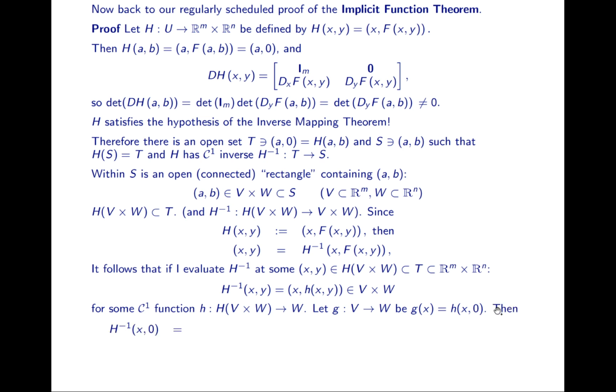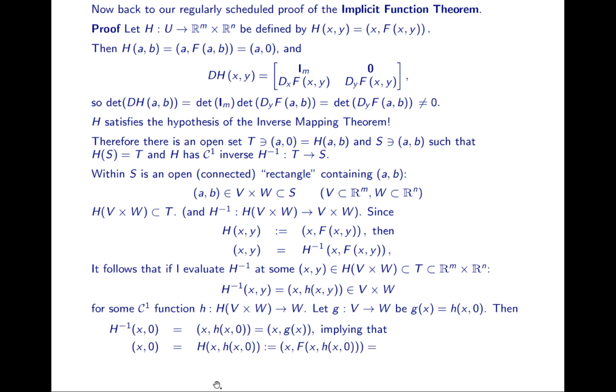Well, if that were true, then H inverse of (x, 0) equals (x, h(x, 0)), and h of (x, 0) is g. That's what we define g to be. That implies that if I take H of both sides, I get (x, 0) equals H of (x, h(x, 0)).